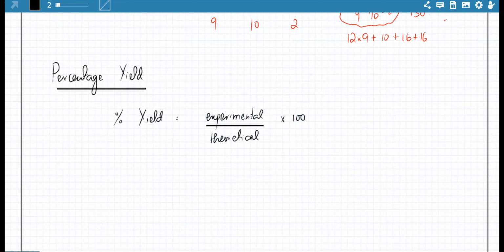So that's your formula. So experimental is, now what's the theoretical? Remember, yield can be applied to anything. You get the same answer. You can input moles over there. You can input volume of a gas over there. You can input mass over there. Most of the time it's mass. In a lot of questions it's mass that you're inputting there, but it doesn't really matter. The yield would still be the same.